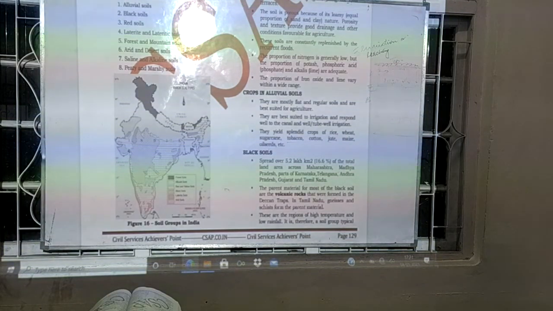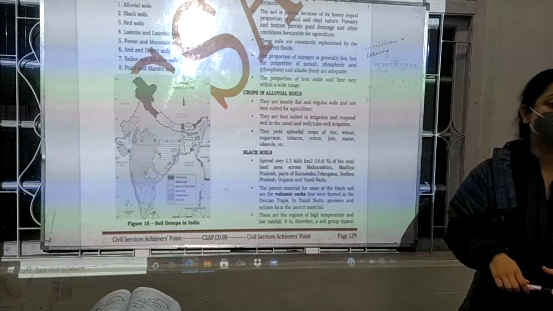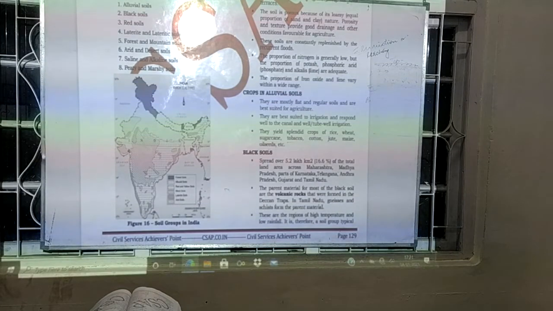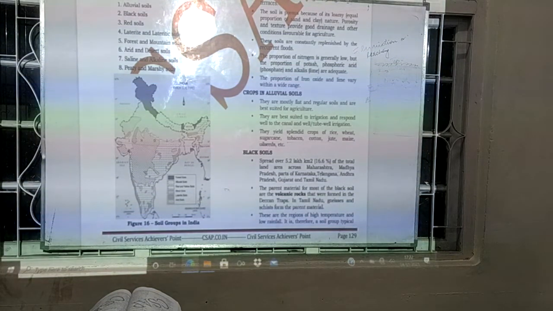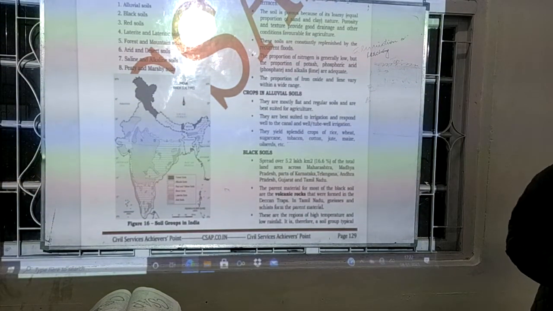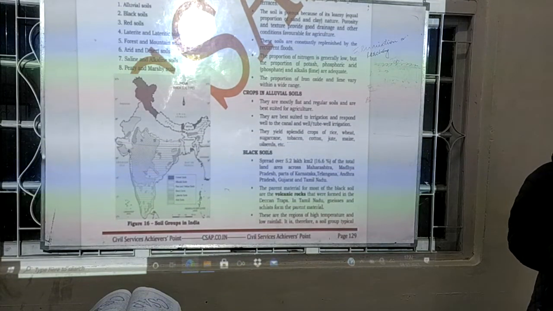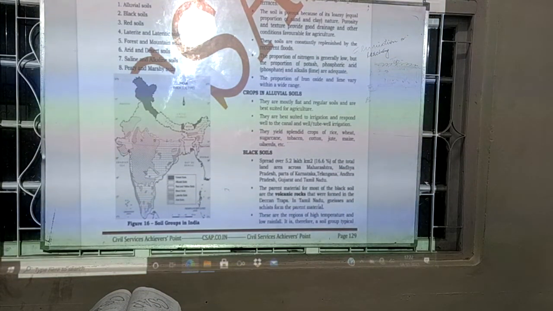Then laterite soils. What is the meaning of laterite? Later comes from the word later. Brick. Laterite means brick. So what is this soil? It is used for making bricks.